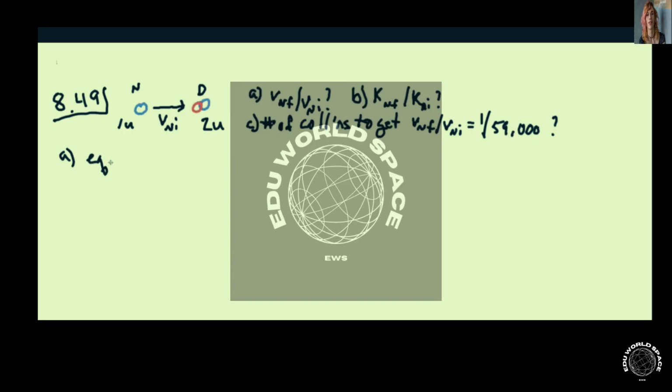So for the elastic collision, we can use equations 8.24 and 8.25. So if you want to find out how you get to these, you should go back and look at them.